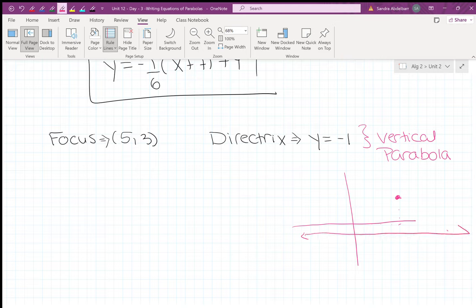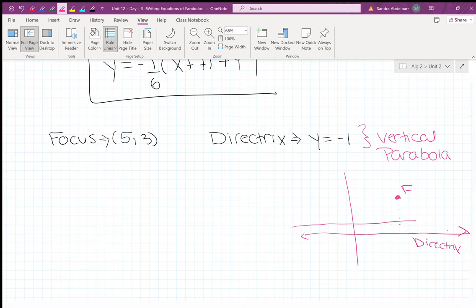All right, so if this is our focus and this is our directrix, the vertex will be in between these two, the focus and the directrix. So if the vertex is in between these, doesn't this have to be a vertical one? Yeah. So that's how you know, if you're not memorizing the formulas, that it is a vertical parabola.